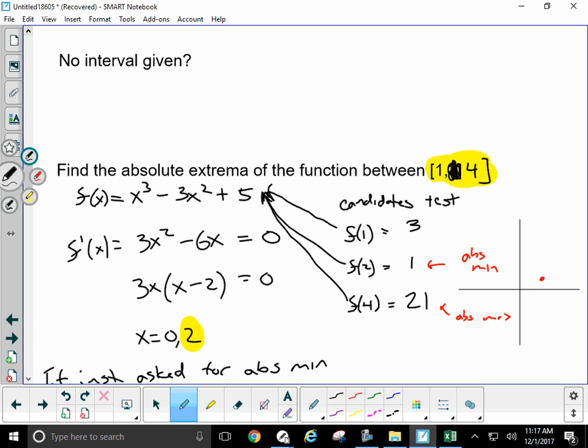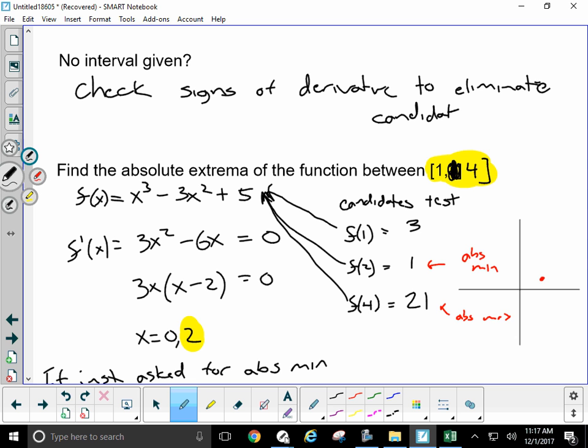We could always check the signs of our derivative to eliminate potential candidates.